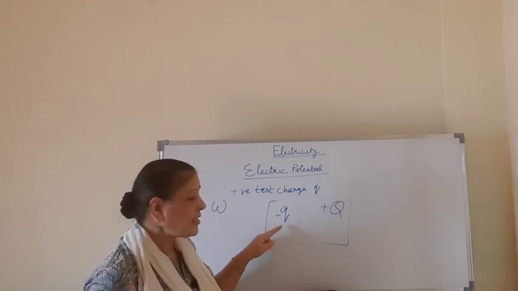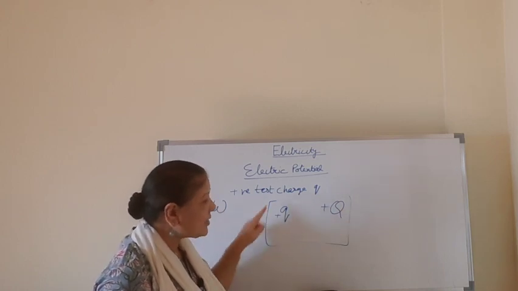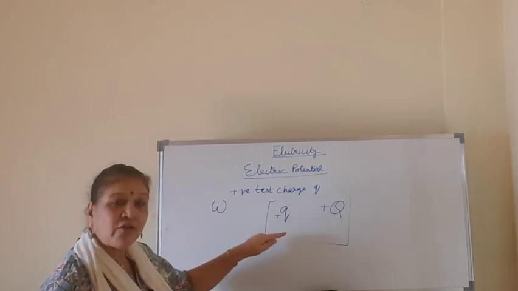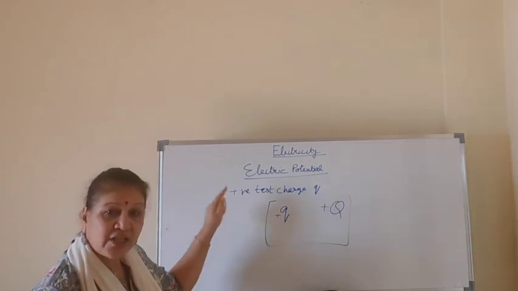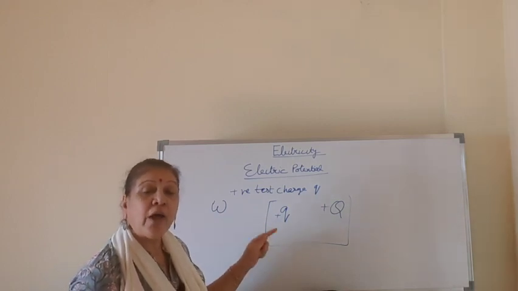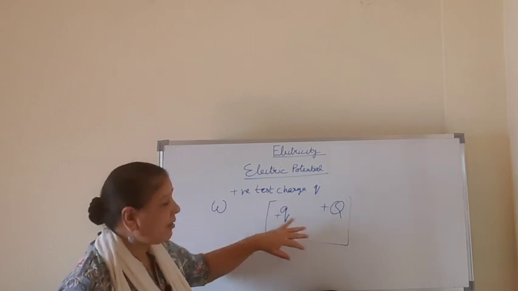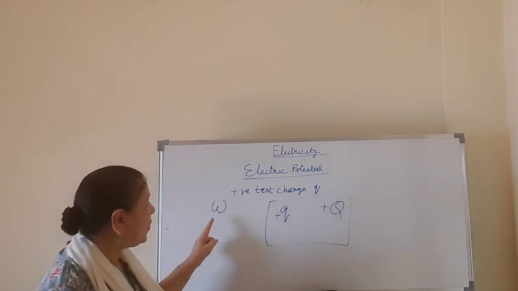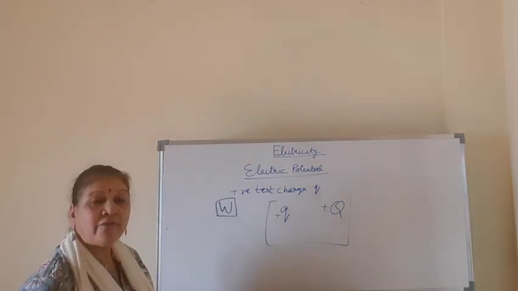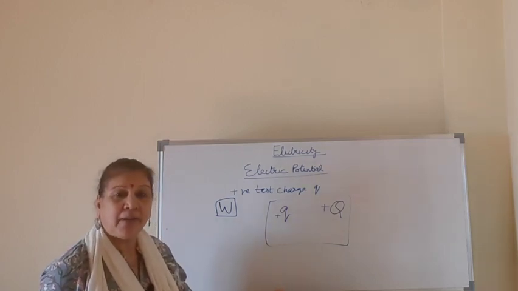This test charge is experiencing a force of repulsion because it is within the field of this plus Q. So if I have to take it away, I have to move this test charge to some other place. I have to put in the effort, or I have to do some work to overcome this force. Let's assume this work is W. So I have to do this work to take this charge to some other place.